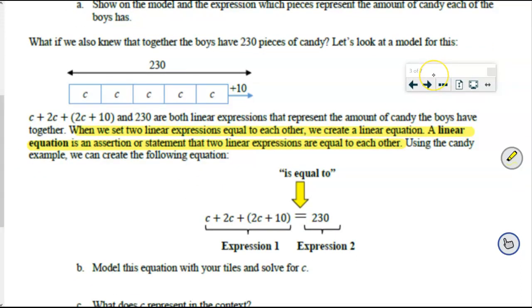That is so incredibly important. I am going to be asking you a test question. It is important that you know this. In summary, it's all right here. What is an equation? It's an expression that is equal to another expression.